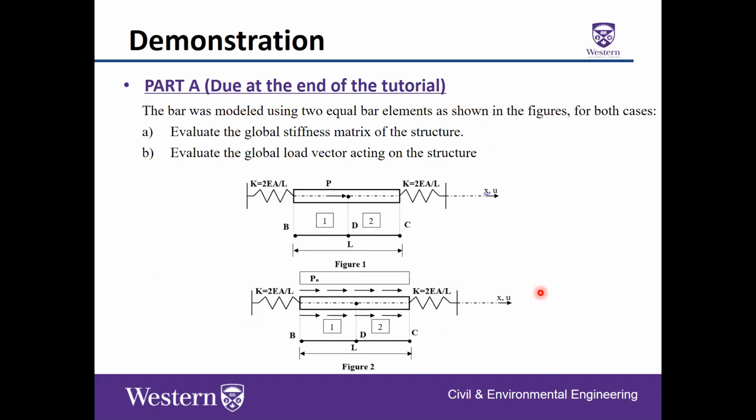So if we're going to solve the first case or the second case, you know that the global stiffness matrix for the first one and the second one will be the same, because the global stiffness matrix is independent of the load that is acting on the structure.